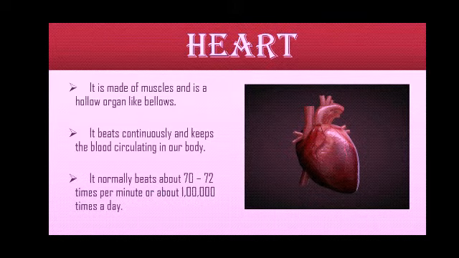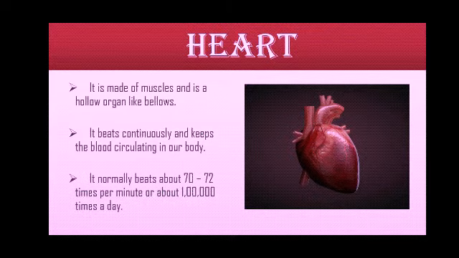The heart is really very important because it pumps blood around our body, delivering oxygen and nutrients to our cells and removing waste products. The heart is made of muscles and is a hollow organ like a pillow. The heart mainly has 4 chambers, 2 upper chambers called the right and left atria and 2 lower chambers called the right and left ventricle.